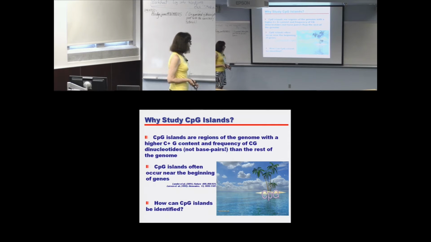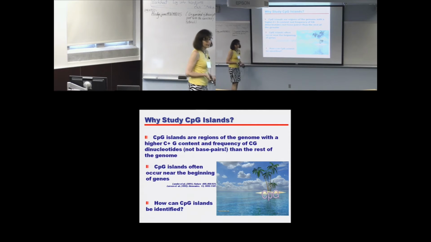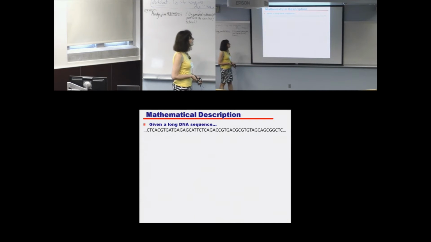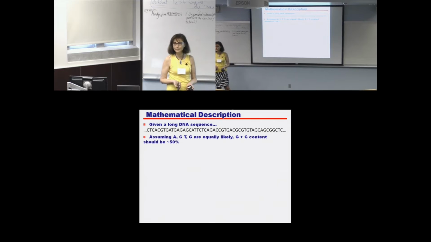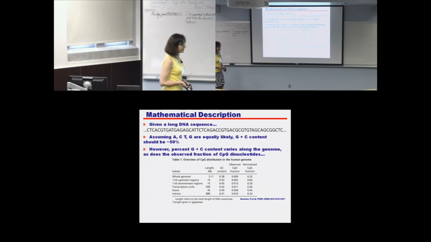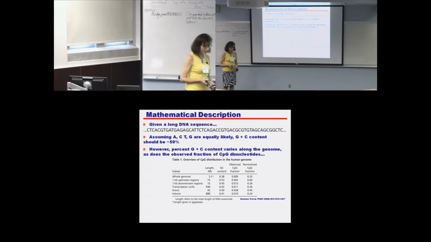So how can we define CpG islands? When we have a long sequence of DNA, many of us would say, oh, it's easy. We have 4 nucleotides, and if they each have a probability of 1/4 of occurring, then we expect C plus G content to be about 50%. That's very naive thinking, because it doesn't happen like this at all.